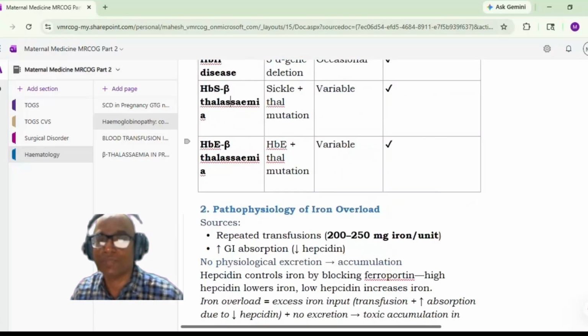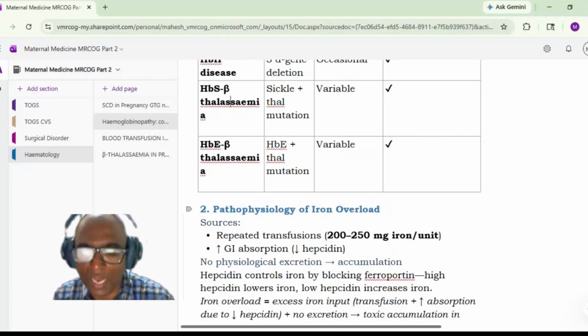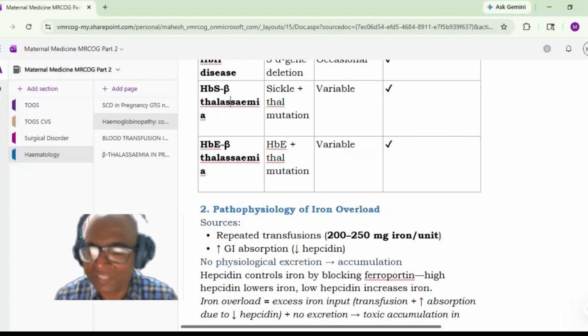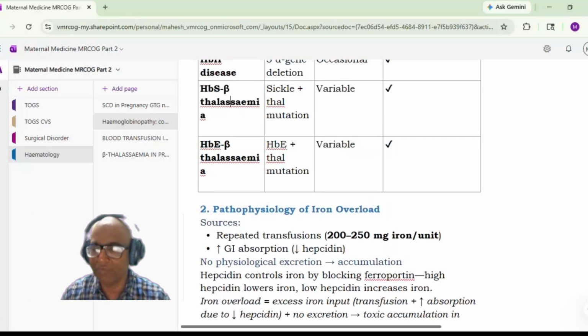Now coming to the pathophysiology of iron overload. With all these hemoglobinopathies, what we have seen central is iron overload. This is mainly because of two things. One is the repeated transfusion, which gives 200 to 250 milligrams of iron per unit.